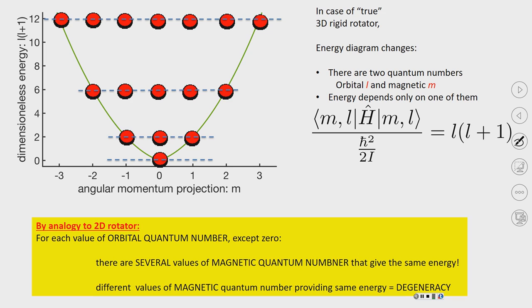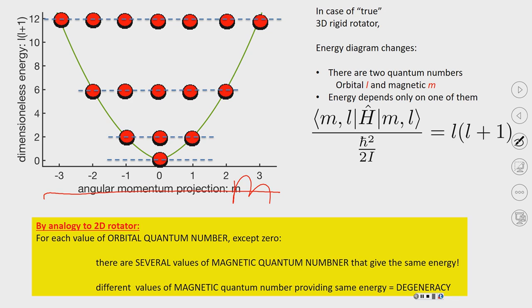One is total angular momentum, and another is the z projection. For the z projection, we also can call it m, and the energy will depend on the total length of angular momentum, so the total amount of motion.